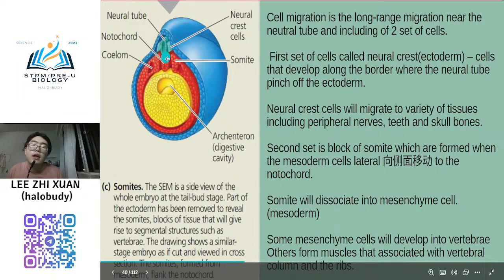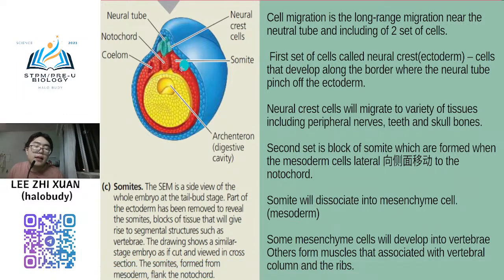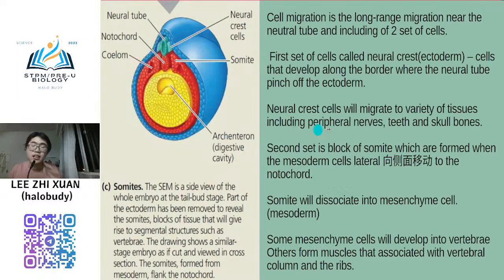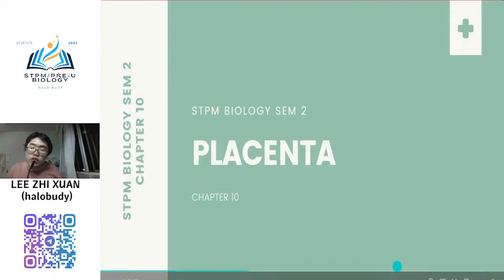Okay, so you need to know that the two sets of cells, the neural crest cells and the somite cells, will develop into different organs. Normally the neural crest cell will develop into nerve tissue, teeth and bone, and the somite later will develop into the mesoderm tissues too. So that's all for the gastrulation process.